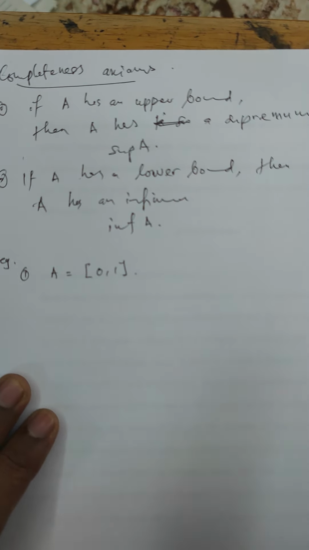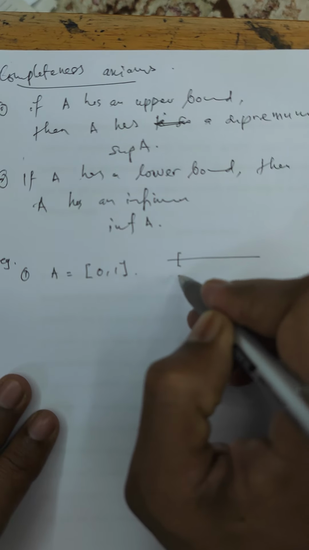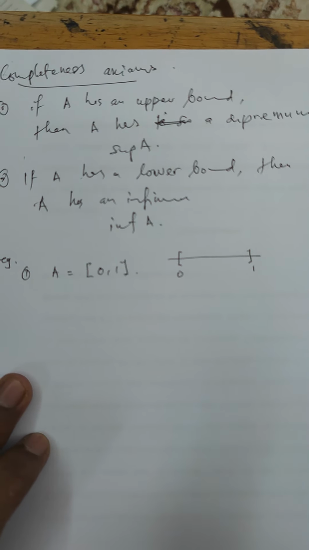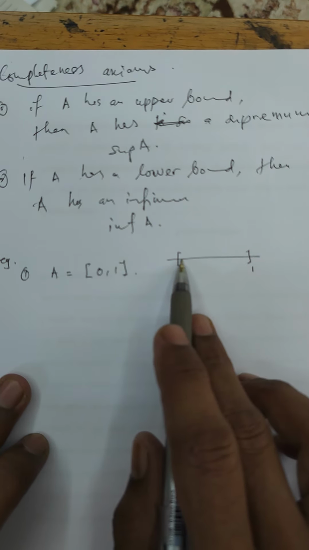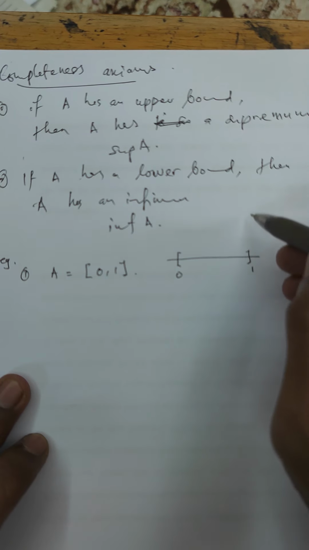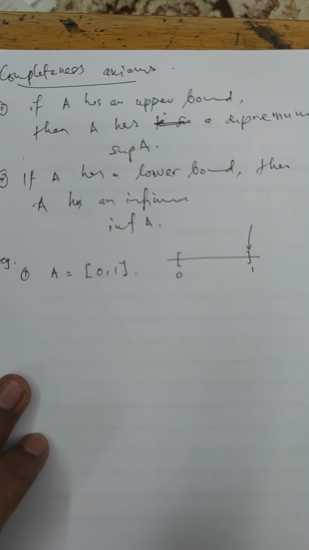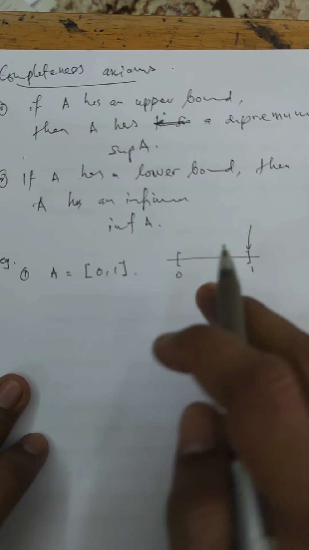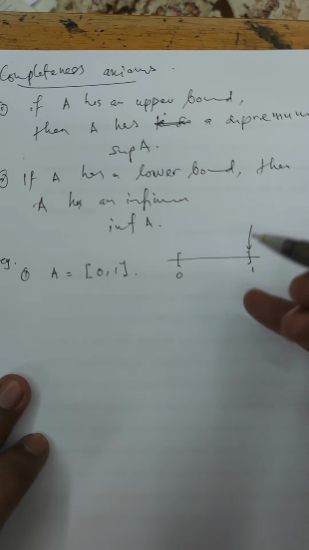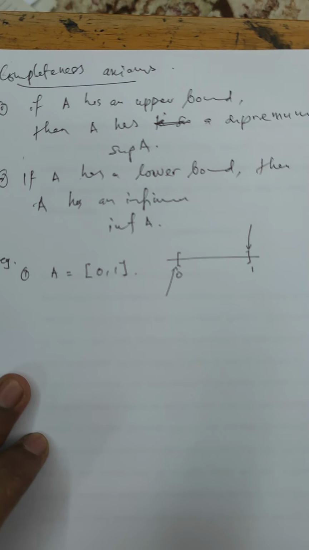If you look at this interval, which includes 0 and 1, in this case, the maximum element in that set is 1, and the minimum, or the smallest element of the set, is 0.